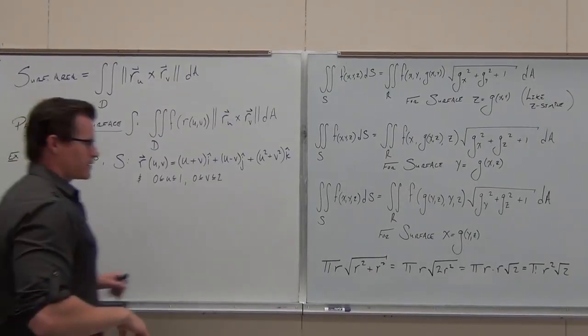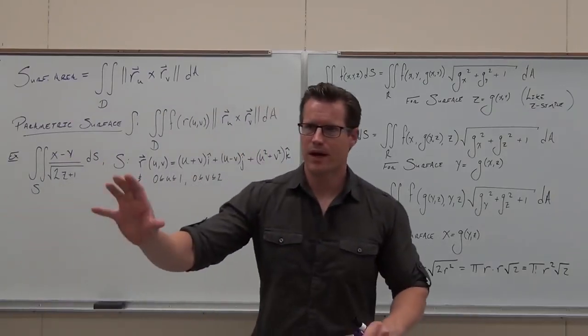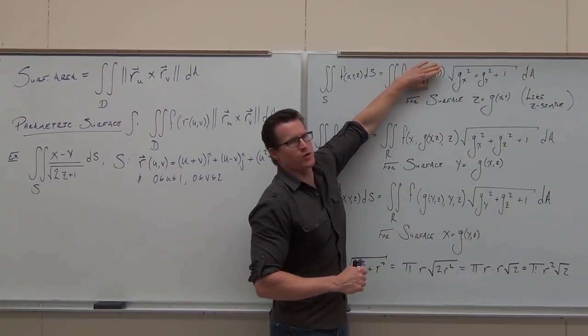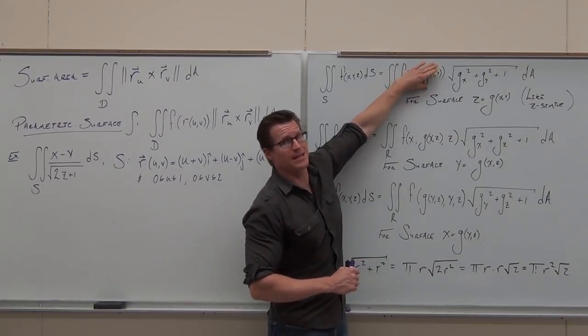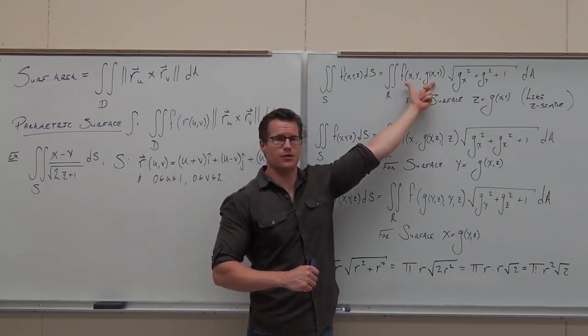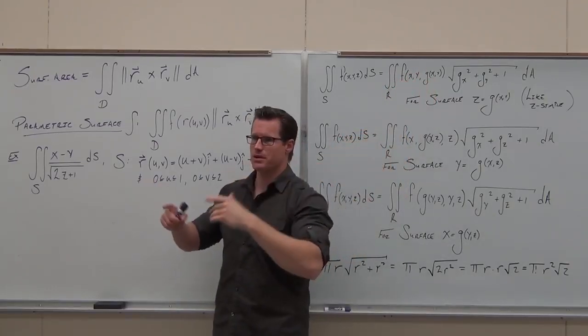Okay, so hey, we're going to make the jump. Right here, what I told you before, and this is the only reason I left it on the board, is if this is 14.5's version of surface area, which it is, and this is our now surface integral where that's a mass density function, then we should be able to make the jump here.